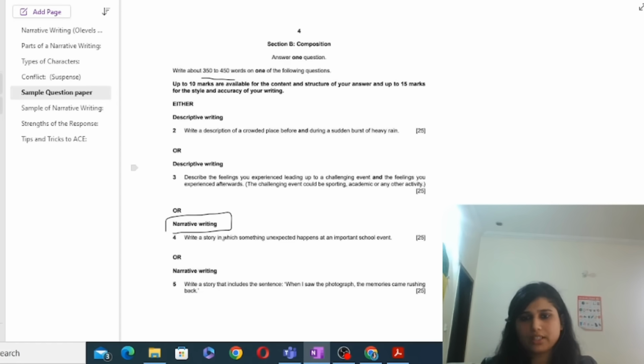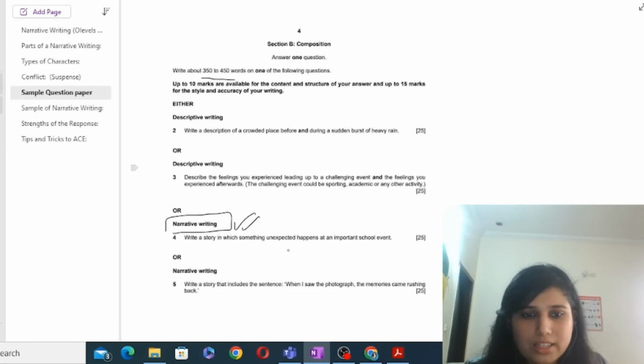It's not even difficult. Some students are good at descriptive writing, but those who are good story makers, and who know how to create suspense in the story and how to solve it, then definitely narrative is the thing for you. This is the past paper of 2023, and in this the students got these two topics of the narrative. Write a story in which something unexpected happens at an important school event.